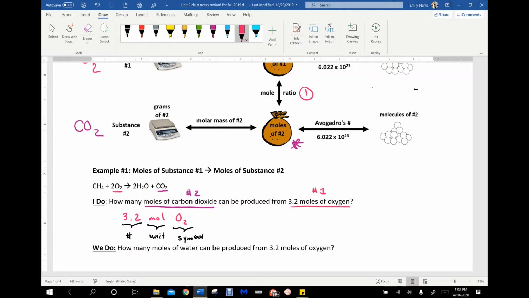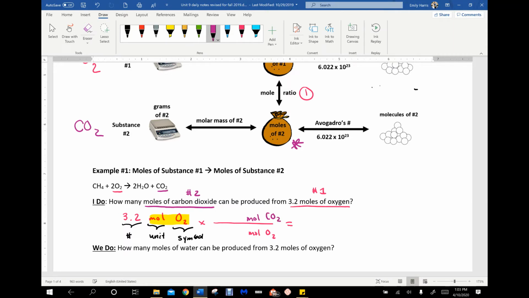Since this conversion takes one step, we'll set up one fraction area. Just like before, whatever unit you start with should be copied to the bottom of the next fraction, and whatever unit you desire to end with should go in the top, in this case moles of carbon dioxide.